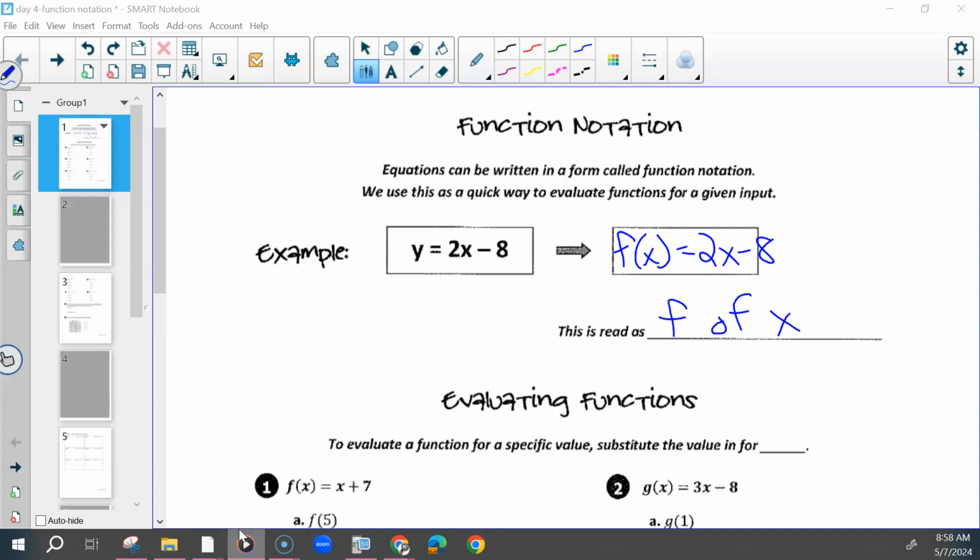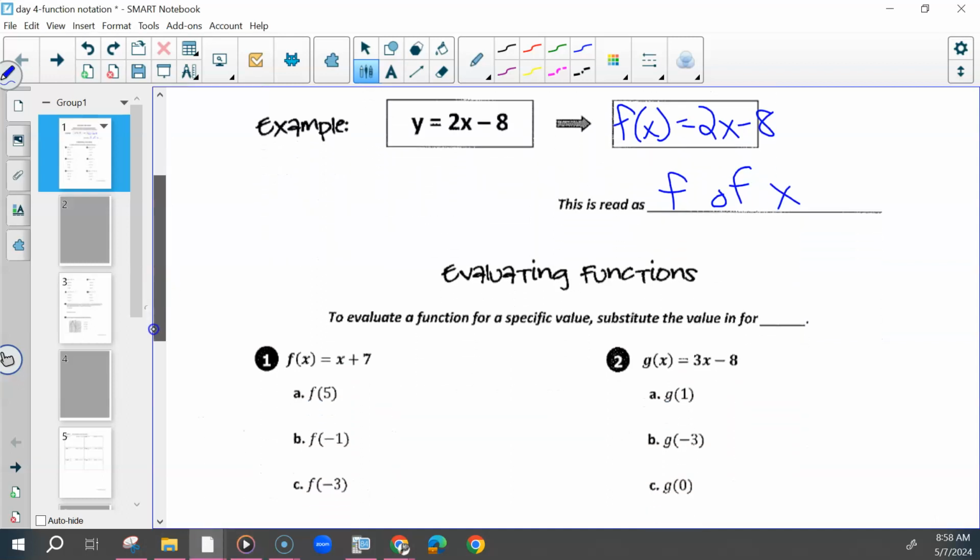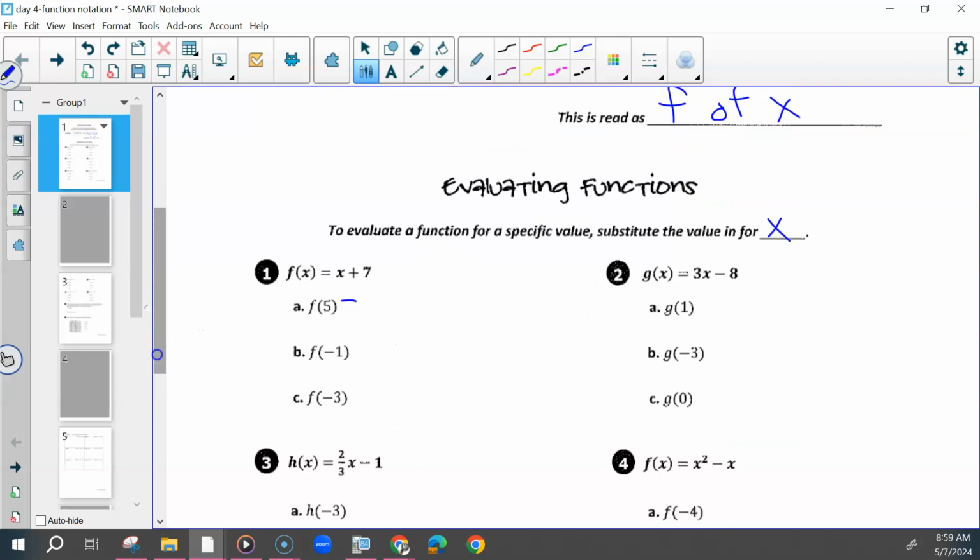So when we evaluate a function for a specific value, you're going to substitute the value in for x. So in example 1, if you see f of 5, that's saying every time I see x, I'm going to put 5 in. And I'm going to simplify. So that would be 12.